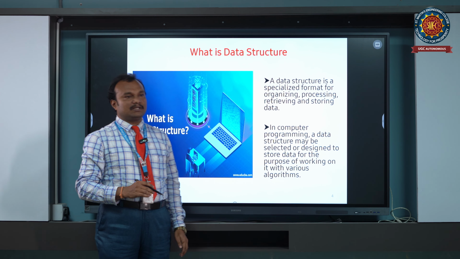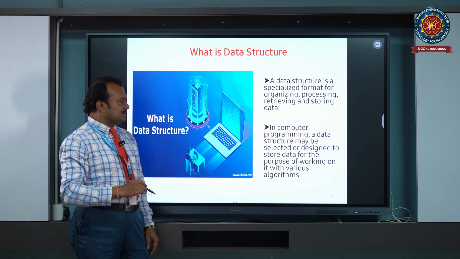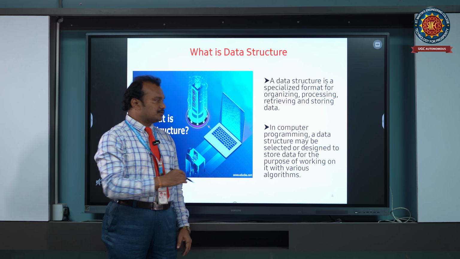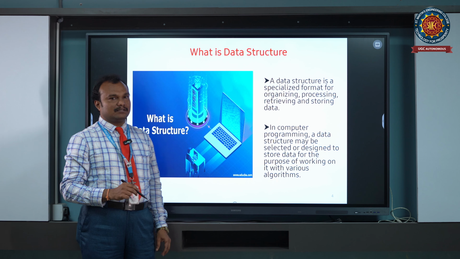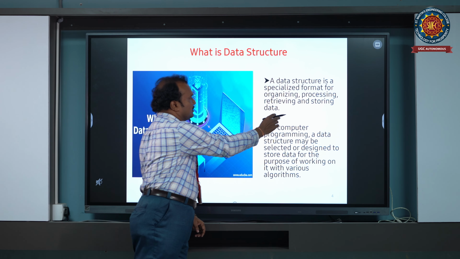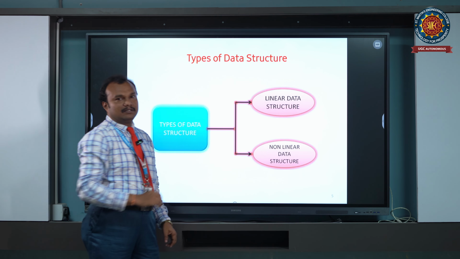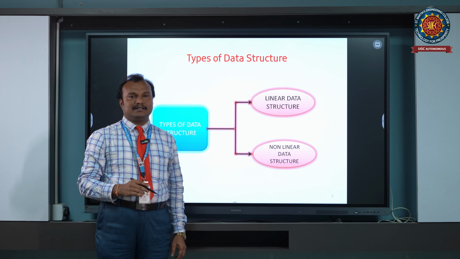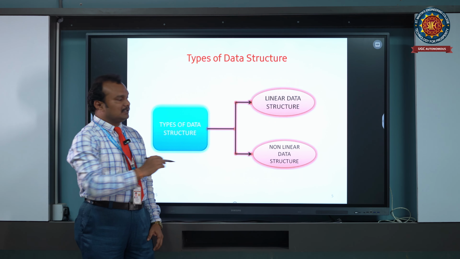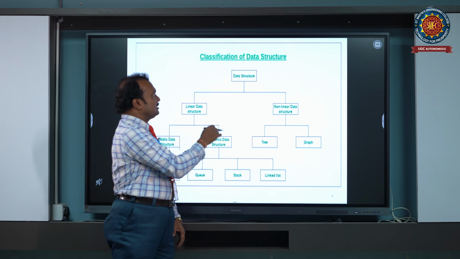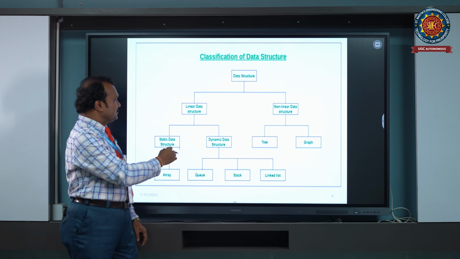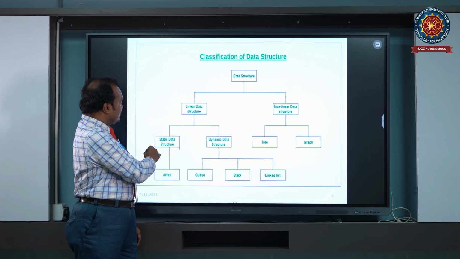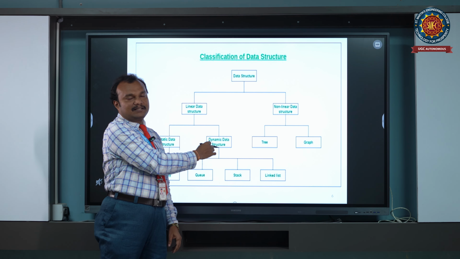In computer programming, a data structure may be selected or designed to store data for the purpose of working on it with various algorithms. So here there are two types of data structures, linear data structure and nonlinear data structure. Linear data structure is again classified into two types, static data structure and dynamic data structure.